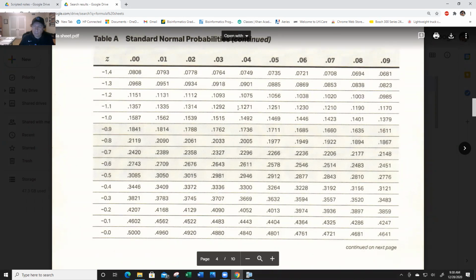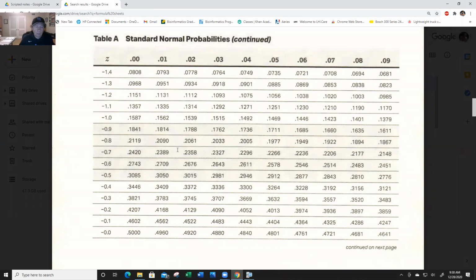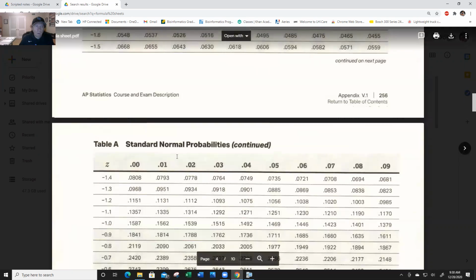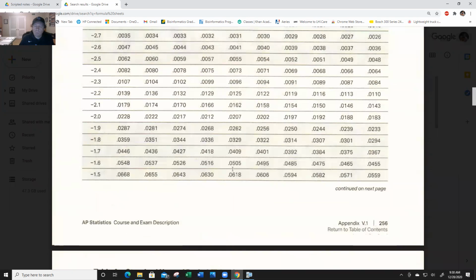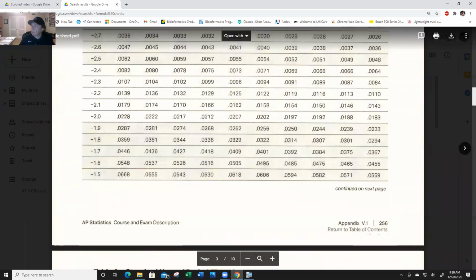Where's 5%? There we go. So right about, I think this is the closest I can get. It's right in between here, 0.0495 in here. Okay. So I'm going to go negative 1.60, 1, 2, 3, 4, negative 1.65. Okay. Negative 1.65 right there.